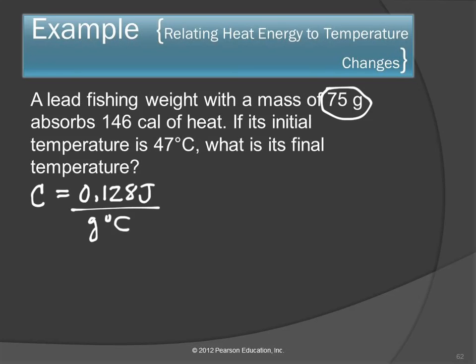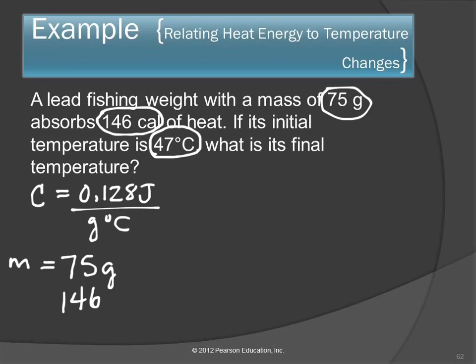Other numbers: 75 grams, 146 calories, 47 degrees Celsius. Let's write those down and figure out what they mean. So 75 grams, what is that? That's the mass. Okay, absorbs 146 calories of heat.